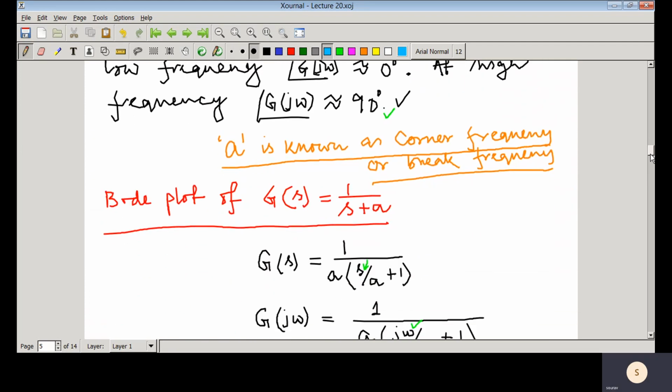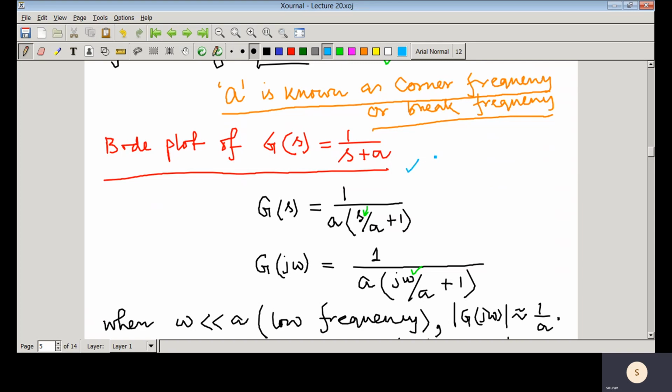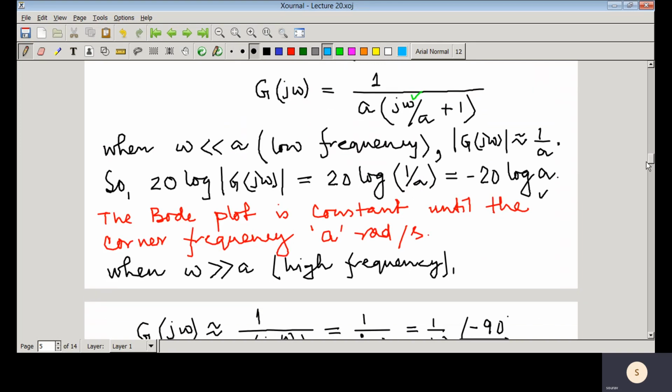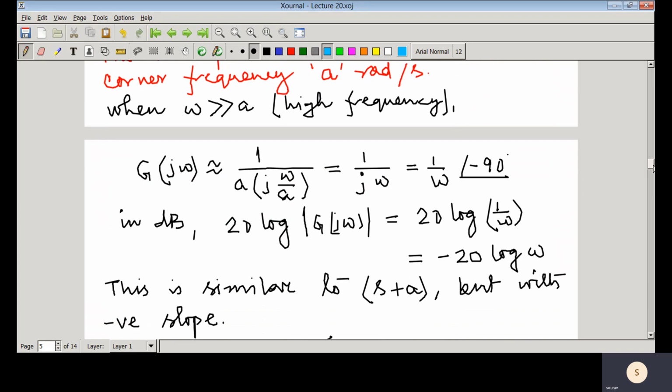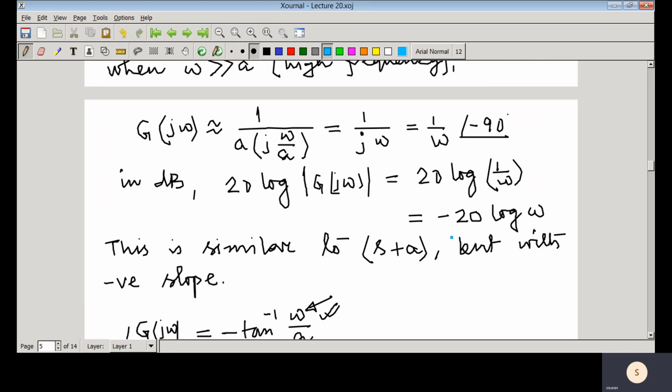It is just opposite in case of 1 by s plus a: from 0.01 to a, the corner frequency, the gain would be minus 20 log a, and at high frequency the slope would be minus 20 dB per decade.